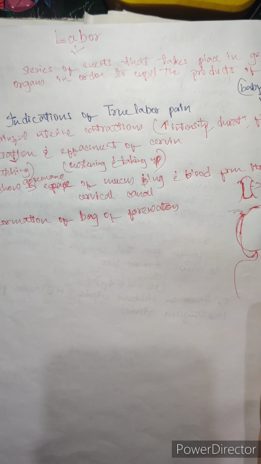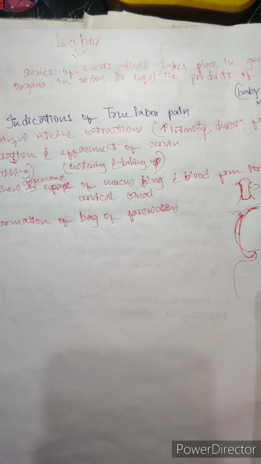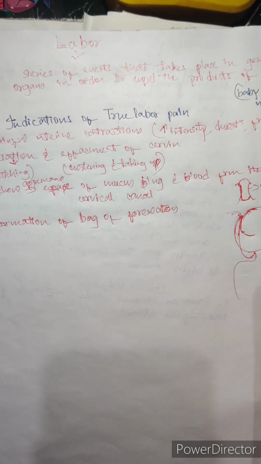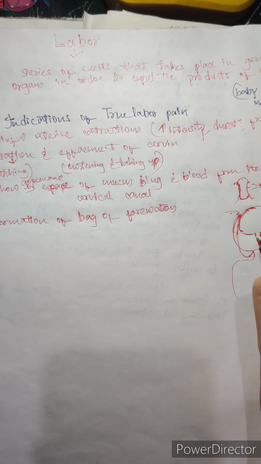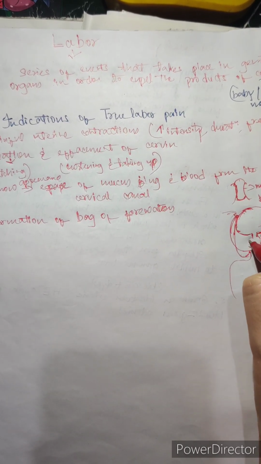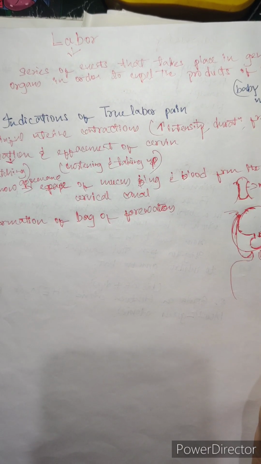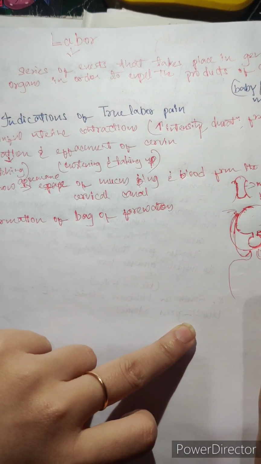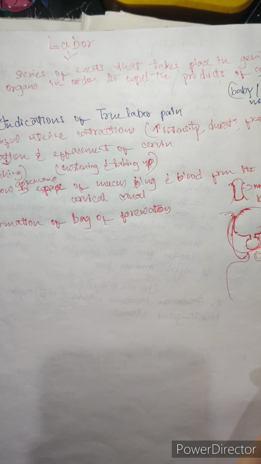So this is the amniotic sac. Please don't mind my drawing, I'm not very good at it. This is the body of the fetus, this is the neck, and this is the head. As the pregnancy comes towards the term, the head engages in the lower pole of the uterus.